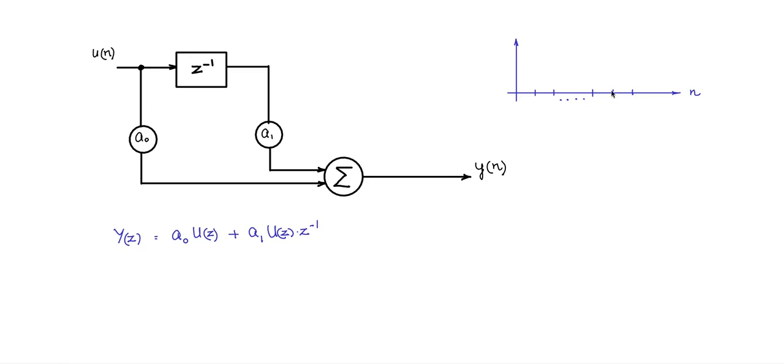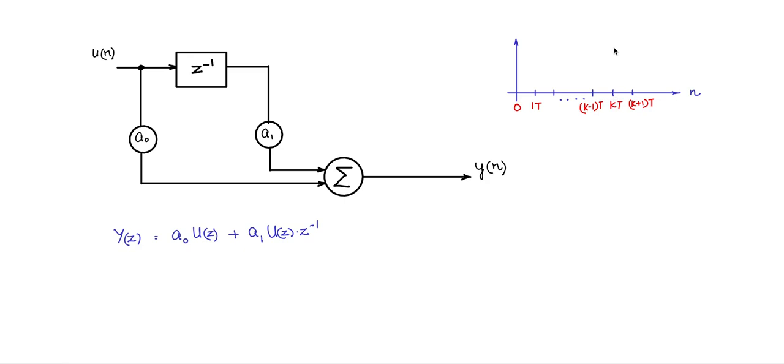What are the sample points? So if I say this is kT, right? This is 0, 0T, 1T, 2T, so on. So this is kT. So what is this going to be? (k minus 1)T. So if this is the kth sample, this is the (k minus 1)th sample, and this is going to be the (k plus 1)th sample or (k plus 1)T, where T is the sampling time.